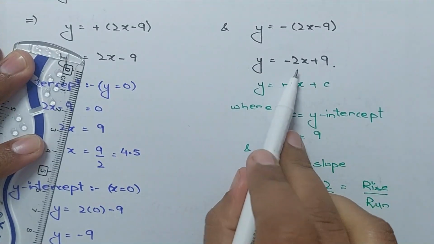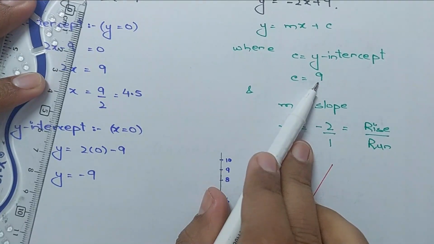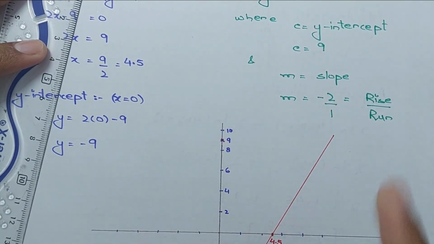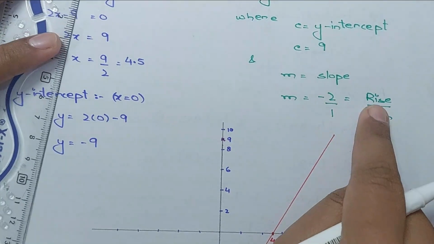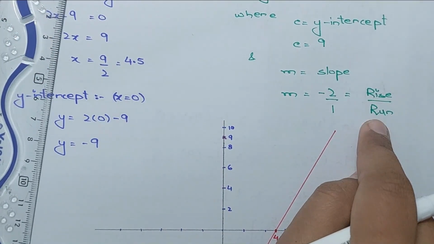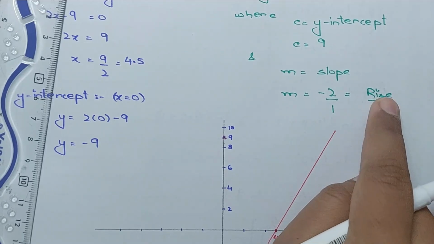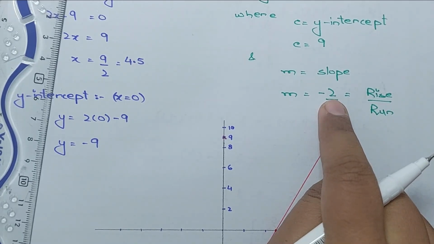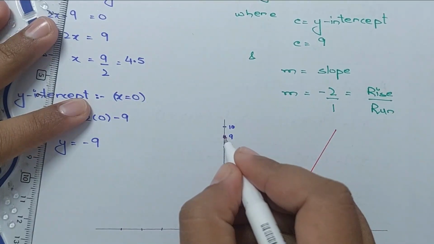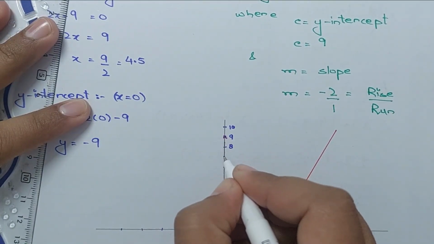Now the second function, I'm using the purple one. This function y equals minus 2x plus 9. So positive 9 is the y-intercept and the slope is minus 2 over 1. So rise can be up or down depending on the sign, and run is left or right depending on the sign. Now the rise is 2 units and it is negative, so move 2 units down. So this is 9, 1 unit and 2 units down.